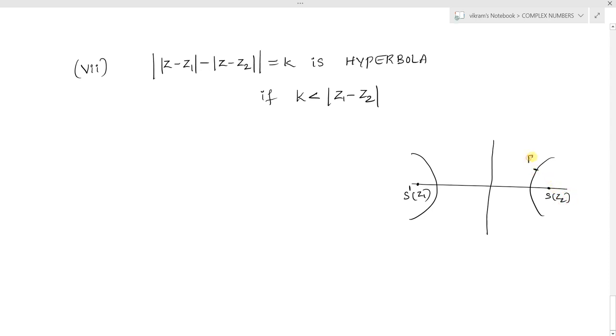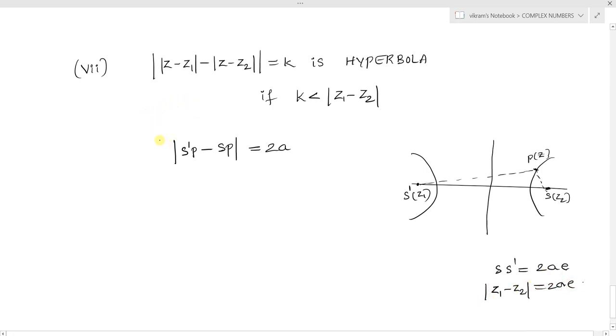Let us consider a point P of z, with distances SP and S'P. In a hyperbola, the difference of the focal distances is 2a, whereas in the ellipse we obtained SP plus S'P equals 2a. Here S'P minus SP, the difference between these two, must equal 2a, and SS' equals 2ae, where SS' can be written as mod of z1 minus z2.